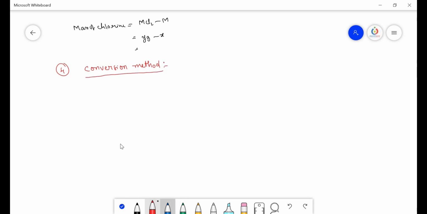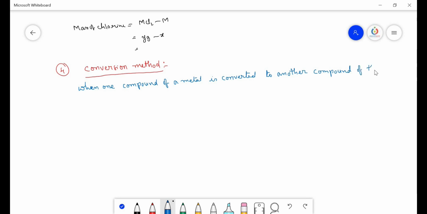So this conversion method is generally helpful when one compound of a metal is converted to another compound of the same metal.